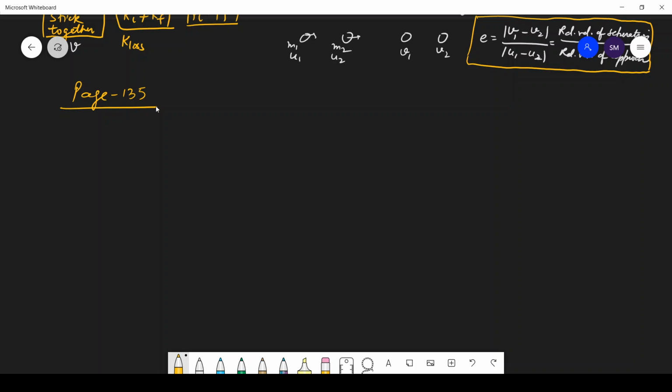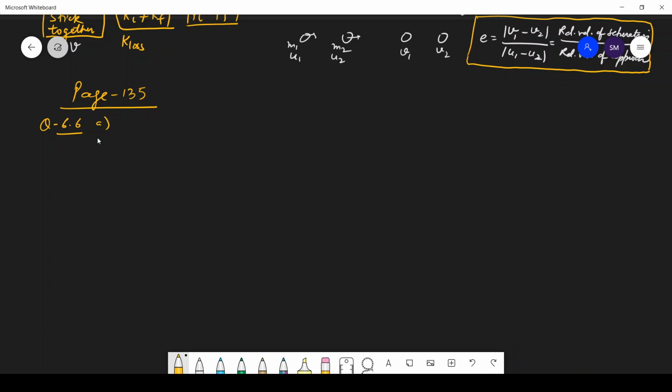So on page 135, question number 6.6. Let us do this question. 6.6, A part. Underline the correct alternative.